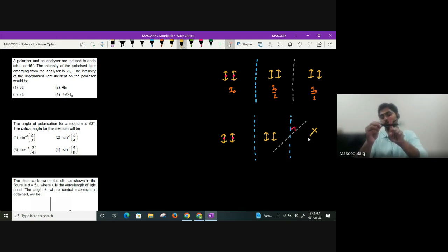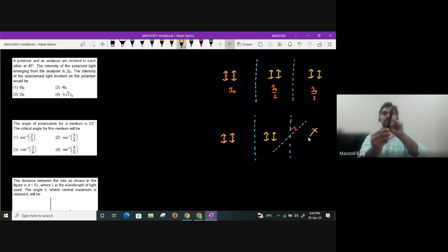Crossed polaroids we call them. For crossed polaroids, their transmission axes will be mutually perpendicular. For the 90 degrees position and the 270 degrees position, will there be any transmitted light? No. So for two positions, no transmitted light, and for two positions, maximum transmitted light. For all other positions, it will follow Malus law.